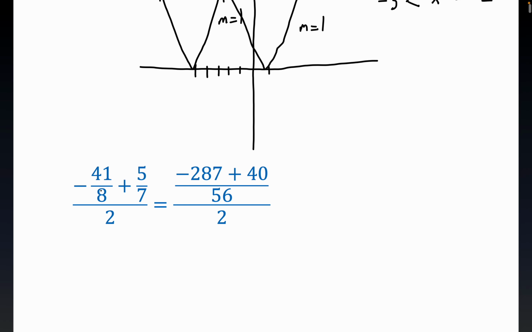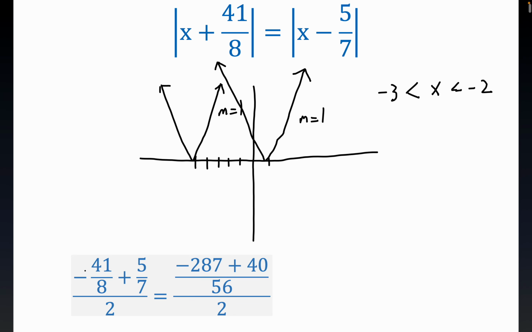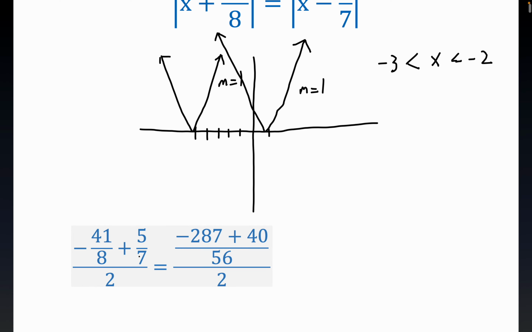You see, we're actually adding the numbers minus 41 over 8 and 5 over 7 and dividing by 2. Okay. Now at this point right here, I just did, they call it cross multiply, but we're finding a common denominator, which is certainly 56, since 7 and 8 have no common factors. 56 is the least common denominator. 7 times 41 gives you this minus 287 here.